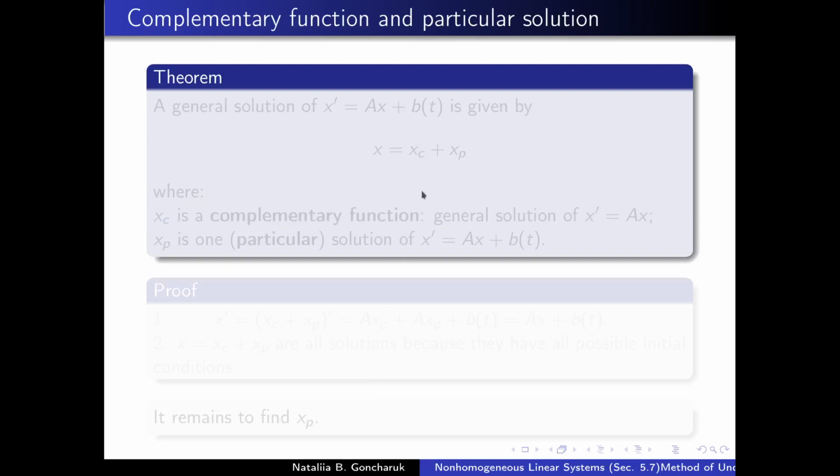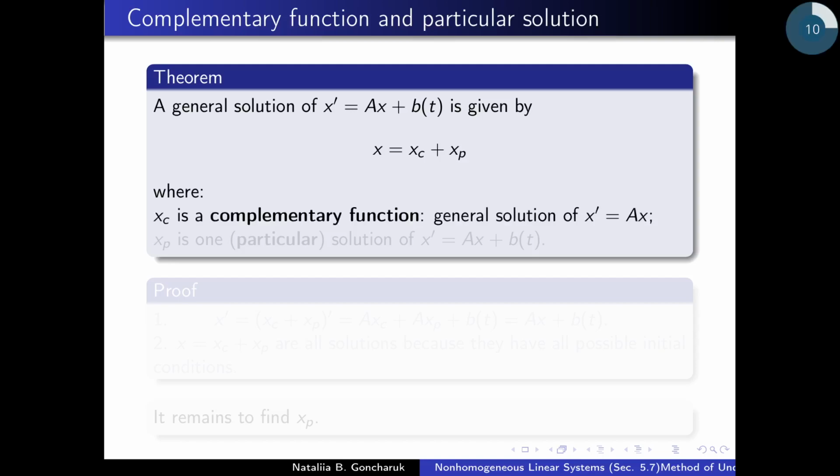First of all, we'll actually repeat what we had for high-order equations, this formula with a complementary function and particular solution. So, a general solution of the non-homogeneous equation is given by complementary function plus particular solution.